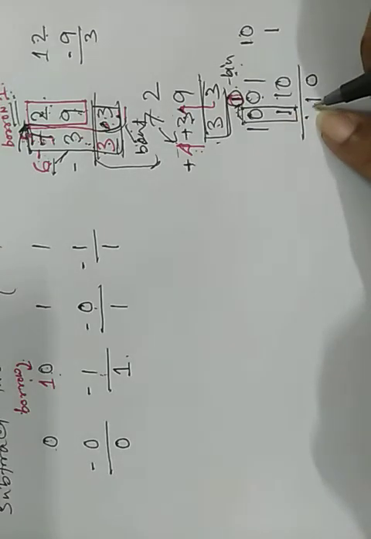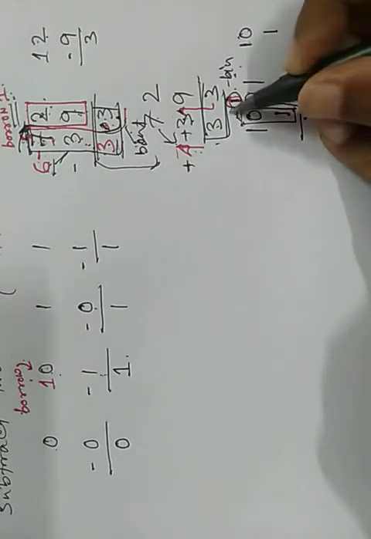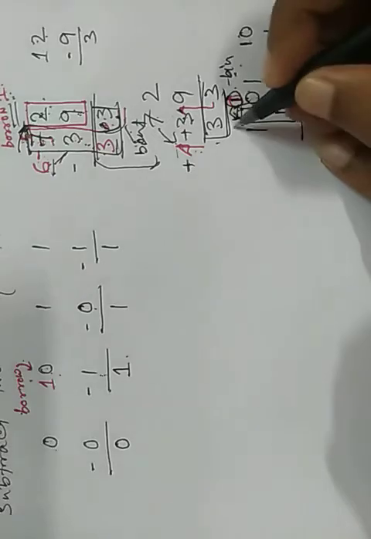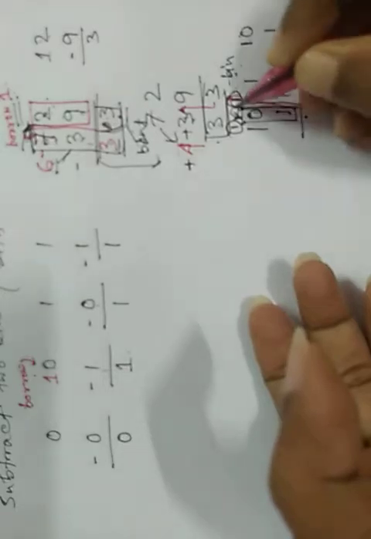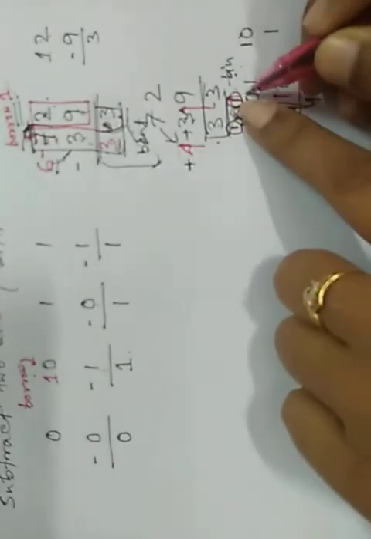So for that reason, if we take one borrow in our one stage, then one borrow must go out.